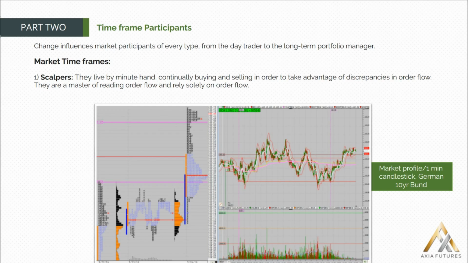As we can see, in the example provided, we spent an entire day within the previous day's range. Most likely, there was very little participation from other time frame participants. Most of the participation would have likely been the scalper. Understanding this will allow us to interpret what could occur on the next day.